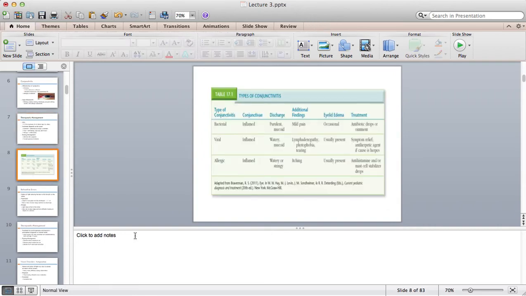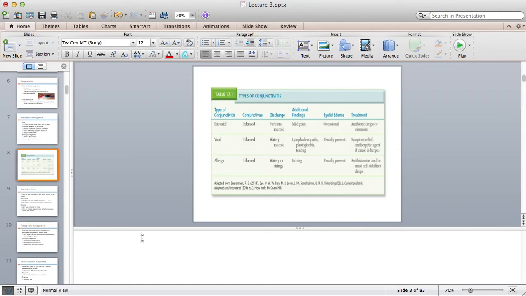So this chart here is in your book, and it's just a summary of what you can see in bacterial, viral, or allergic conjunctivitis, and how you take care of it.